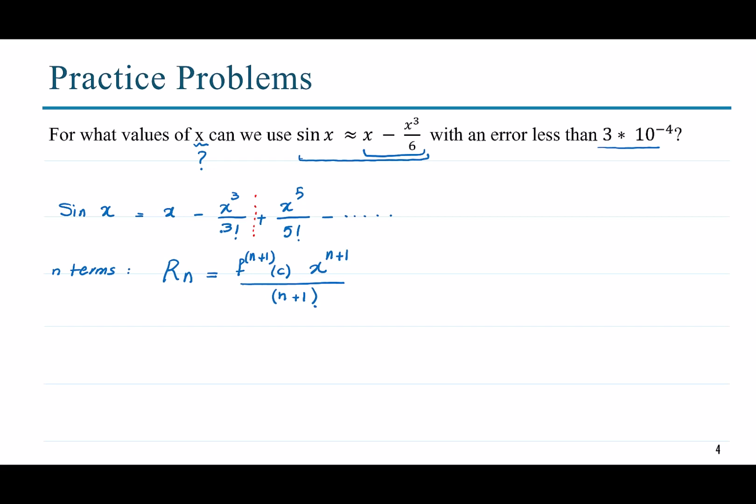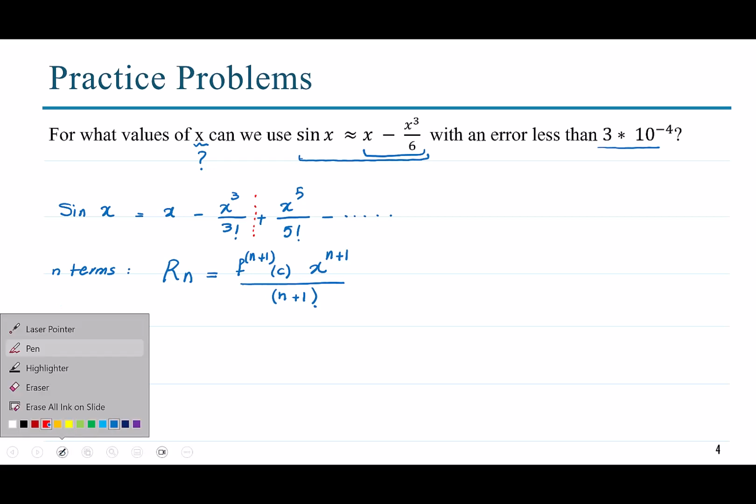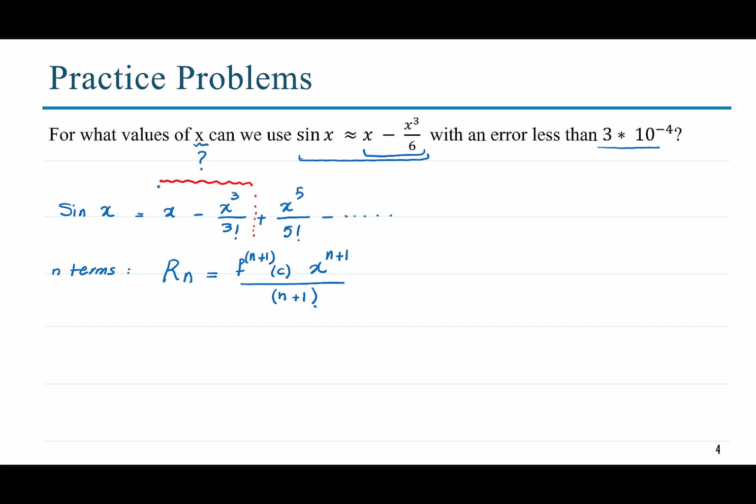So in order to use this formula, what we can do is go ahead and find the derivatives of sine of x. That's how we were originally finding the Taylor series, right? Now if I find the derivatives, they are going to be 0, 1, and negative 1. And based on those zeros, I can find out how many terms I actually used to get to these two terms only. That way I find n.